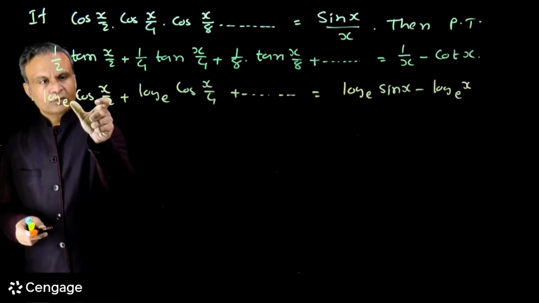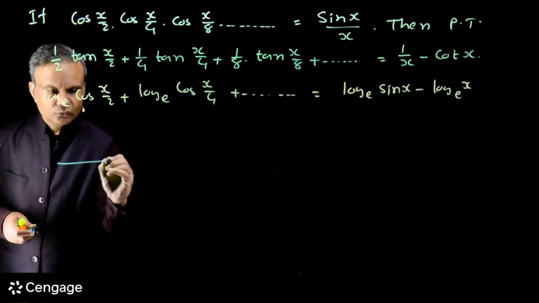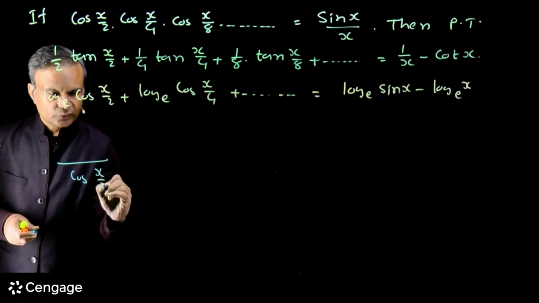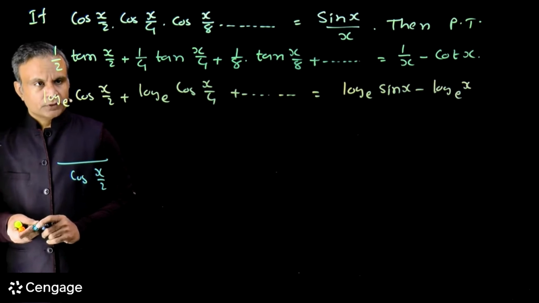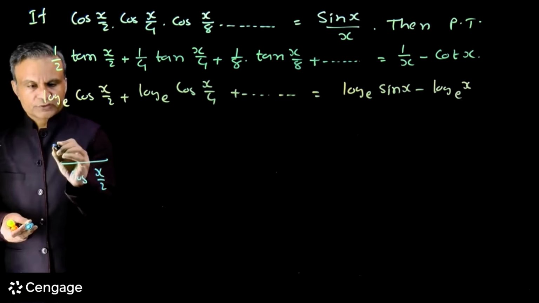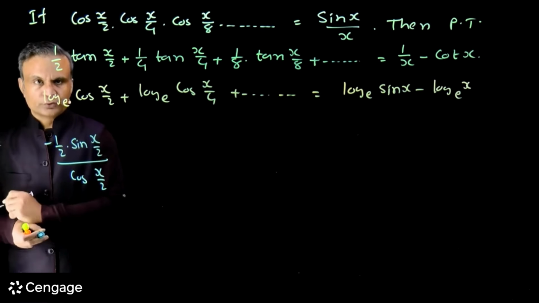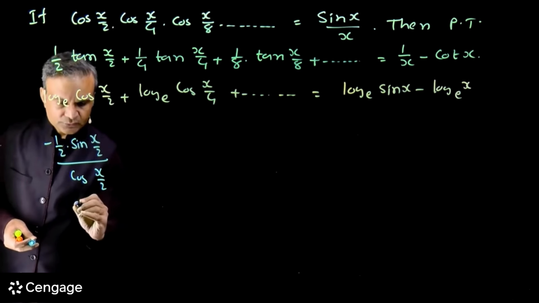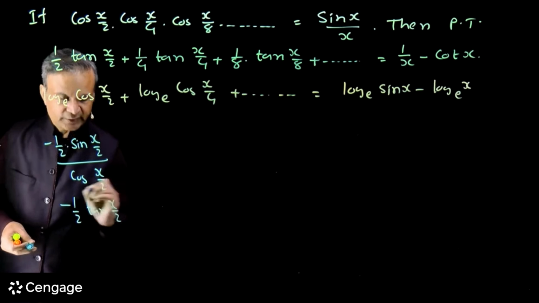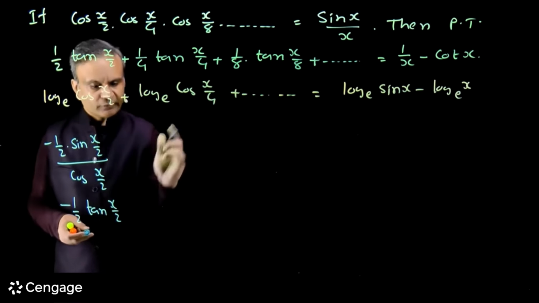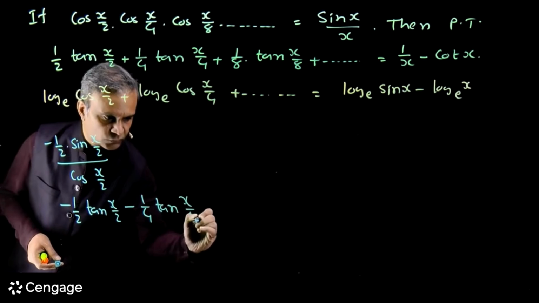What will be the derivative of log cos x over 2? Derivative will be 1 over cos x over 2 multiplied by derivative of cos x over 2, which is minus 1 over 2 into sin x over 2. Okay, so derivative of this is minus 1 over 2 into tan x over 2. Similarly derivative of this will be minus 1 over 4 into tan x over 4.